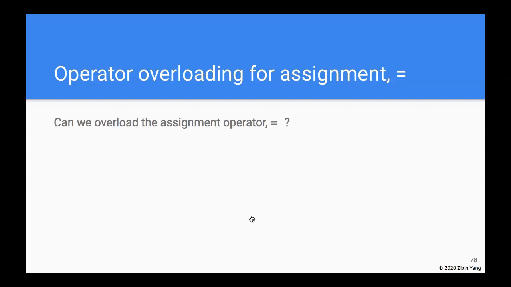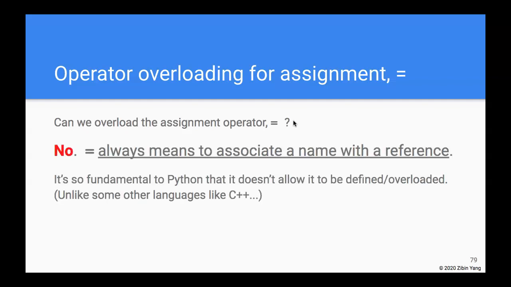So one more operator that we have to talk about for this topic is the assignment operator, the single equal sign. So can we overload the assignment operator? Well, the answer is absolutely not. The assignment operator in Python always associates a name with a reference to an object.